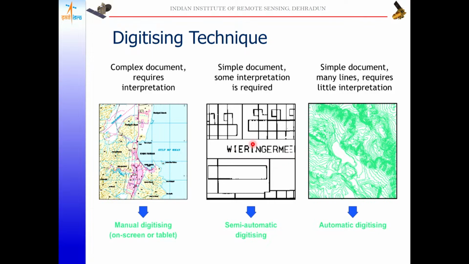This name is not related to GIS features. These shapes are GIS features. So a little bit of manual interpretation or manual intervention is needed to get rid of these kinds of issues which may be present in some documents.